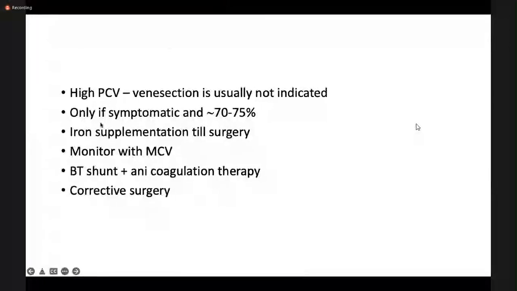So they are more prone to get thrombosis. So it's mandatory for you to treat iron deficiency and mandatory to monitor MCV. And then you need to arrange a BT shunt and then plan for the corrective surgery. So that's how you should be doing when you are managing a child with a cyanotic heart condition. Is it clear? Do you have any questions on that?